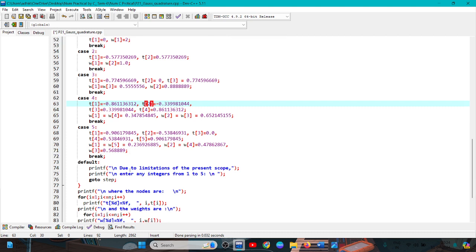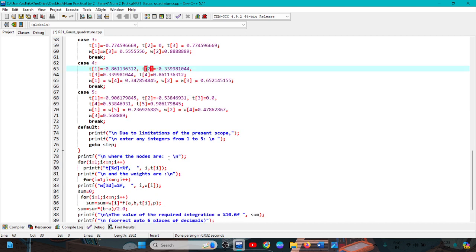And default printf: due to limitation of our present scope. Not only n equal to 5 but also n equal to 6, 7 and so on, for higher positive integers as well. But due to limitation of scope, for the present we enter any integer from 1 to 5.